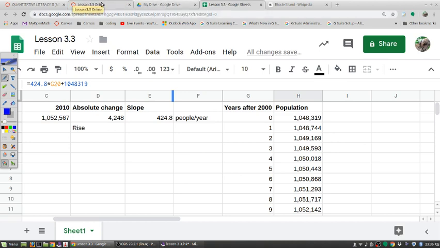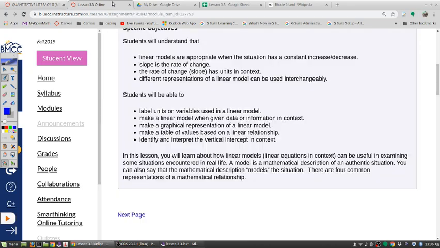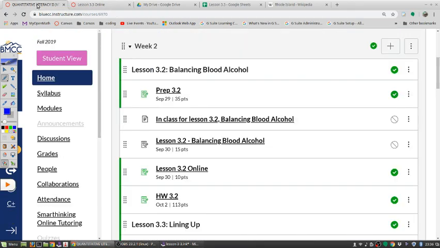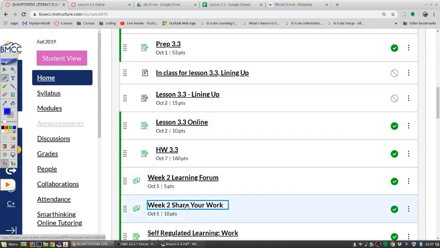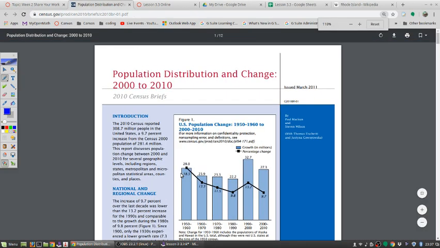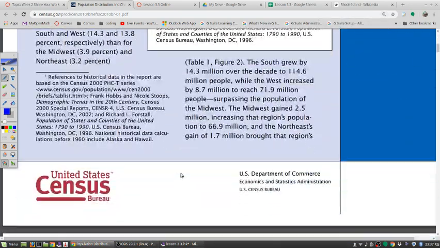Let's see, somewhere I have, where did that sucker go? Ah, yes, in the Share Your Work, I have a link to a Census Bureau document. And on the second page, they have a table.